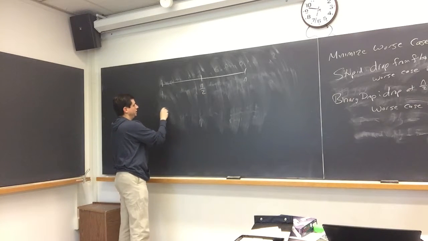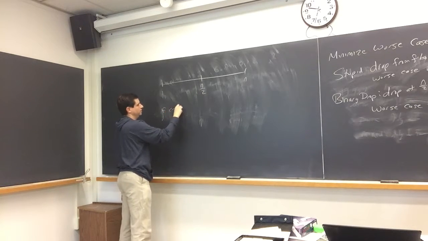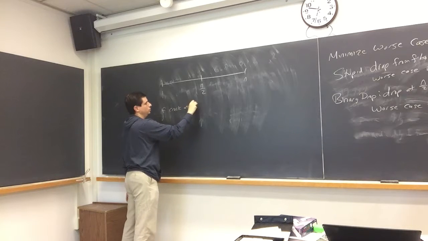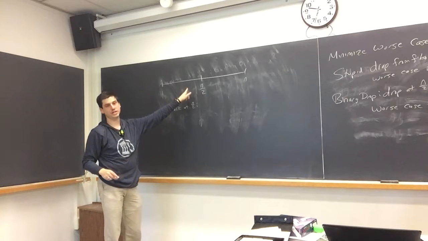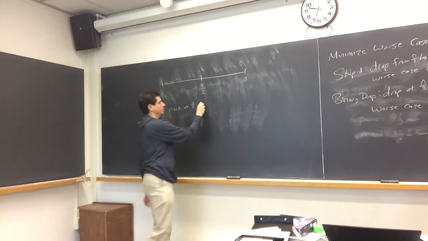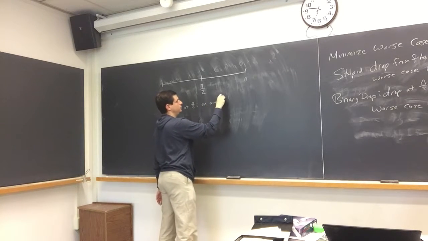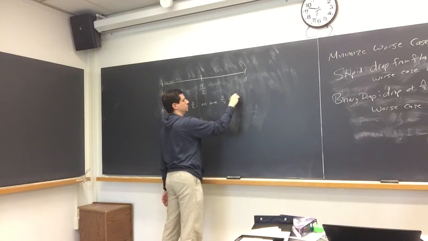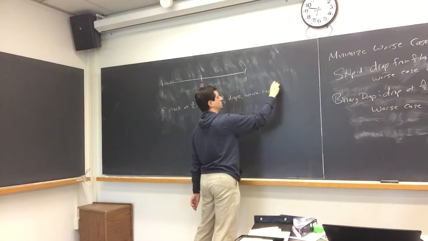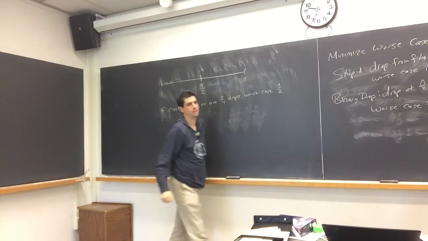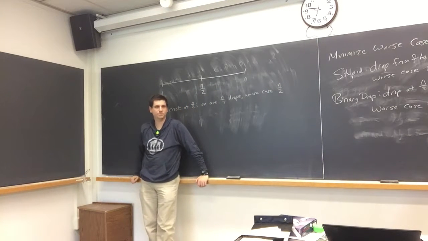So if it cracks at n over 2, then on average it's going to take n over 4 drops. And worst case, n over 2. I mean, maybe we're off by 1, but this is ballpark.